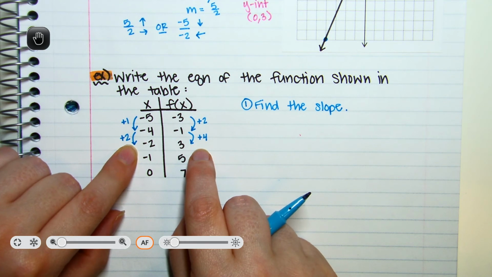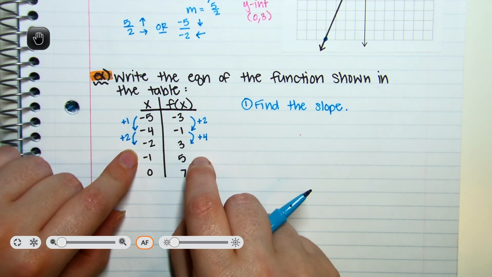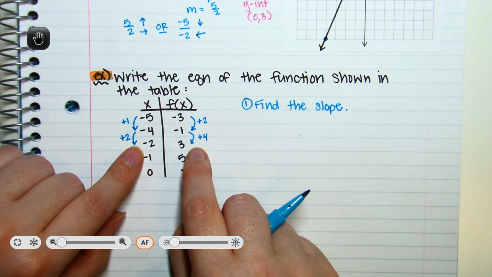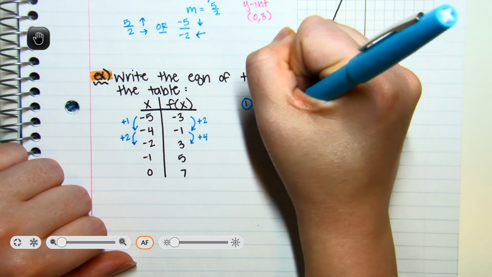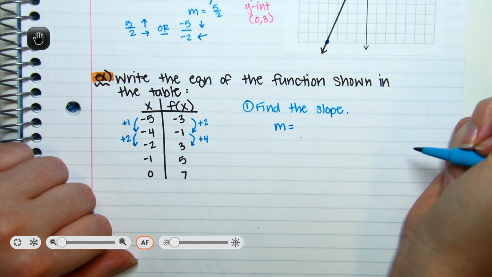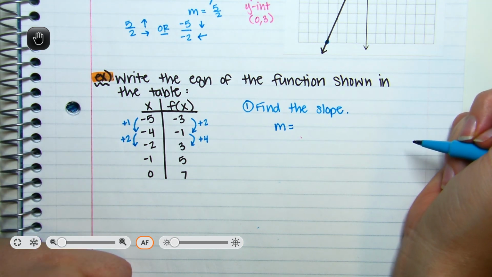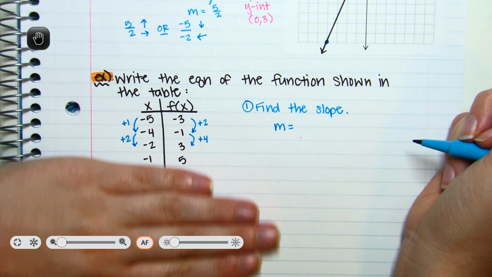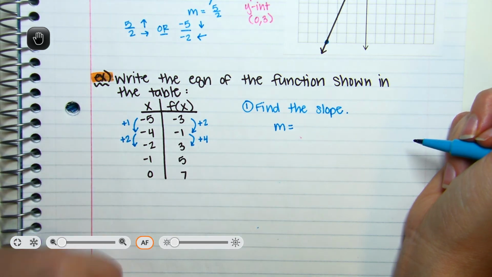So you can either do it that way, or you can use the equation, y sub 2 minus y sub 1 over x sub 2 minus x sub 1. So I showed you how to do it using the table, but let's also use the equation just to double check. I'm going to use any points here that I want. I could use the first 2, I could use the last 2, I could use 2 random ones.